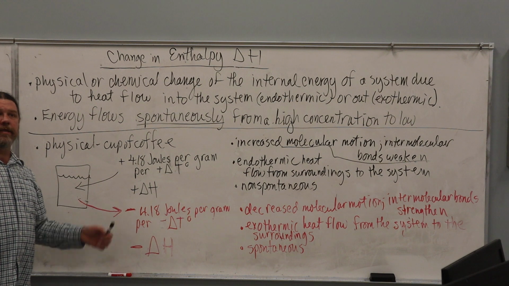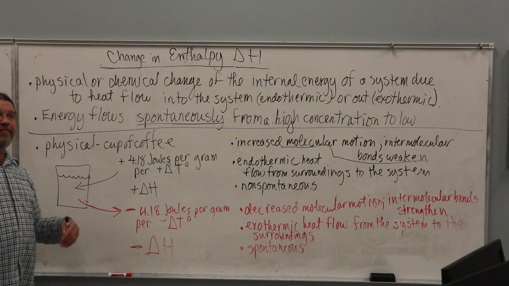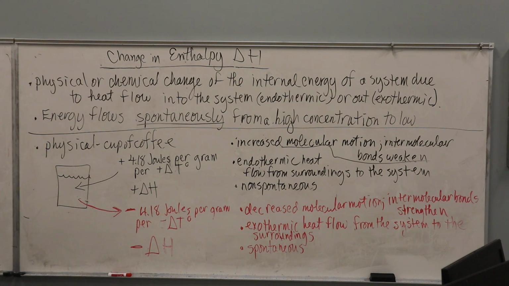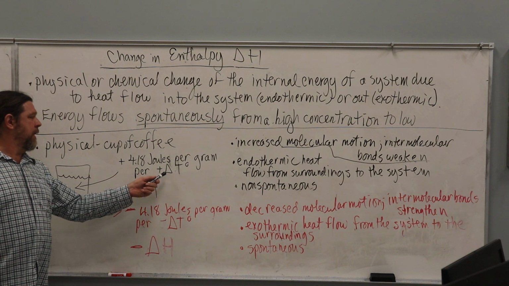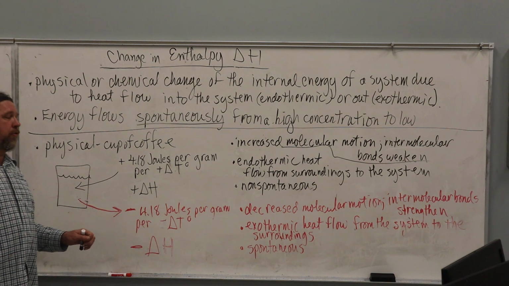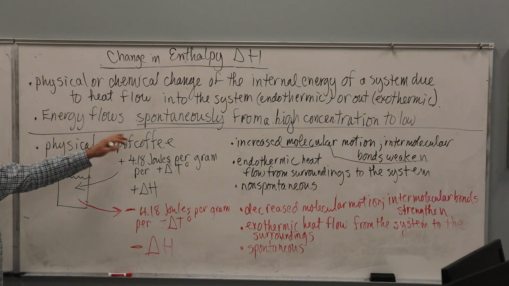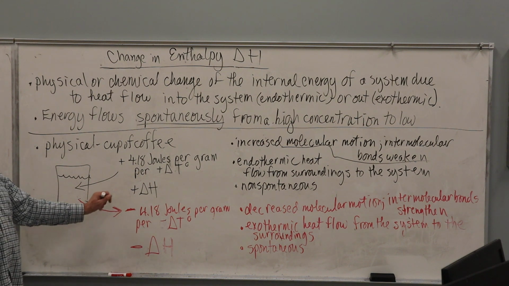And quantitative analysis of thousands of experiments have shown that it takes about 4.18 joules of energy per gram of water, which is what coffee 99% plus is, to get a positive change in temperature of that system per degree in Celsius or Kelvin, either way. And so this is a positive change in enthalpy relative to the cup of coffee. This would be negative to the surroundings of the coffee. If we're looking at the vantage point of the coffee, this is endothermic and it's a positive change in enthalpy.